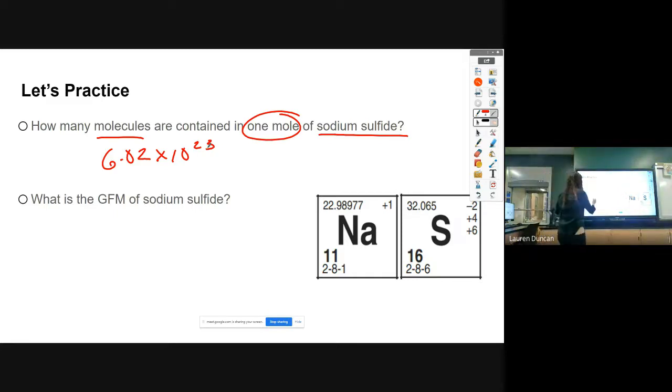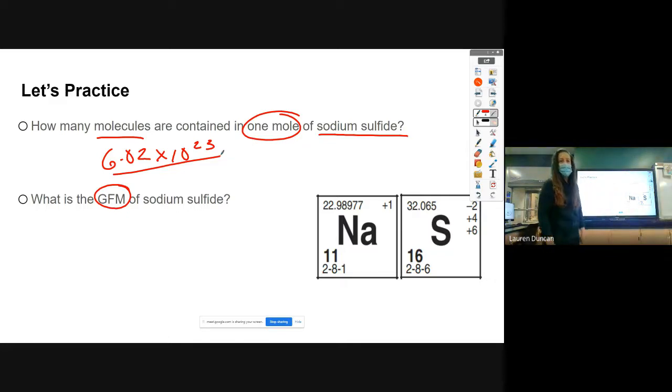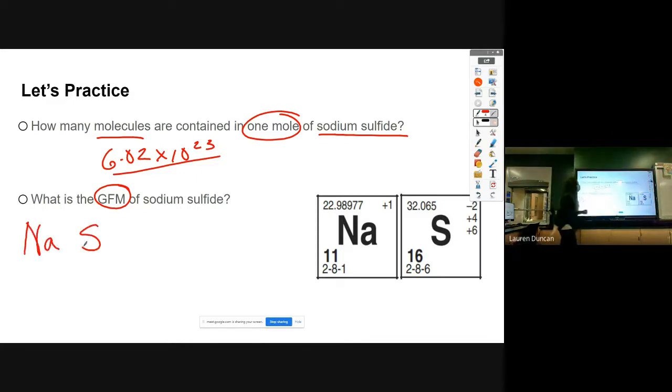Now, what is the gram formula mass of sodium sulfide? What is the mass of this many particles of sodium sulfide? Well, first we have to figure out the formula. I'm not going to make you do this in the practice, but in the future I might. Remember, to get a chemical formula, you would write the symbol for each element. Sodium is Na. Sulfide refers to sulfur.